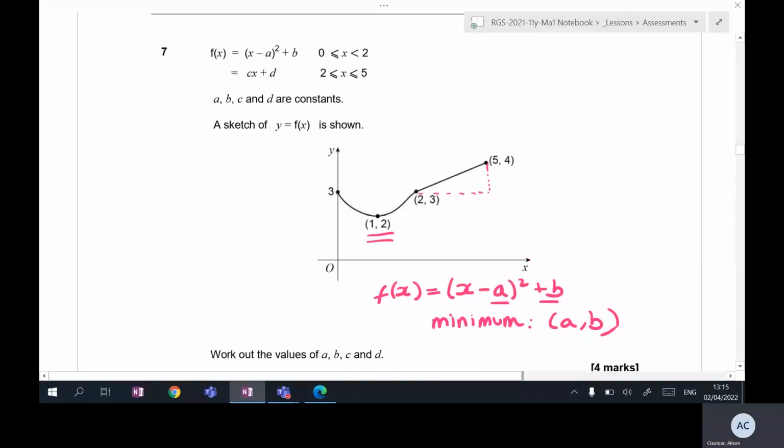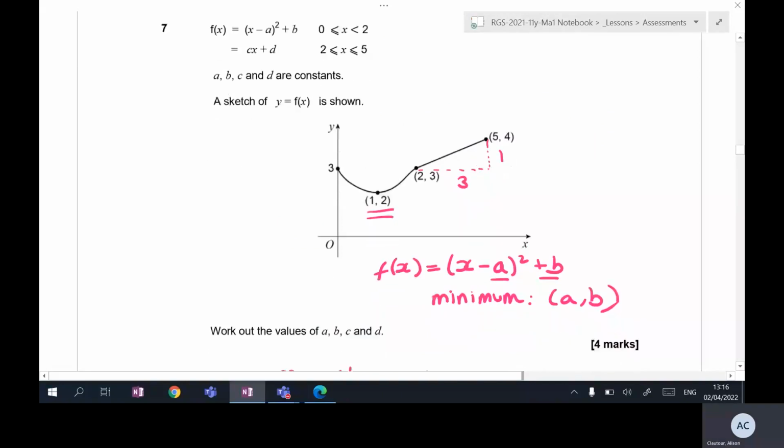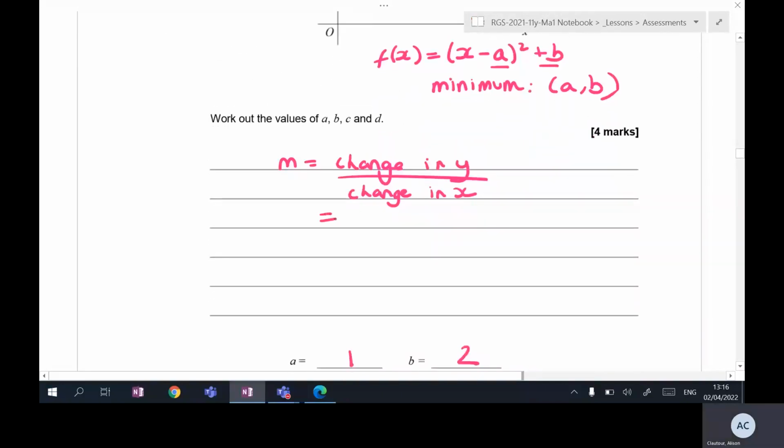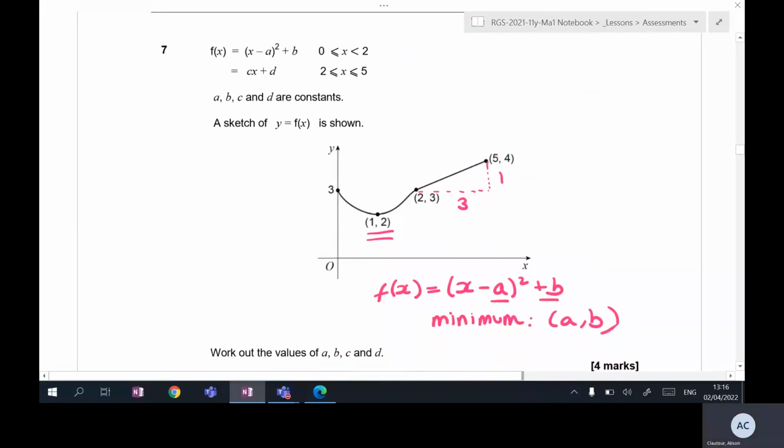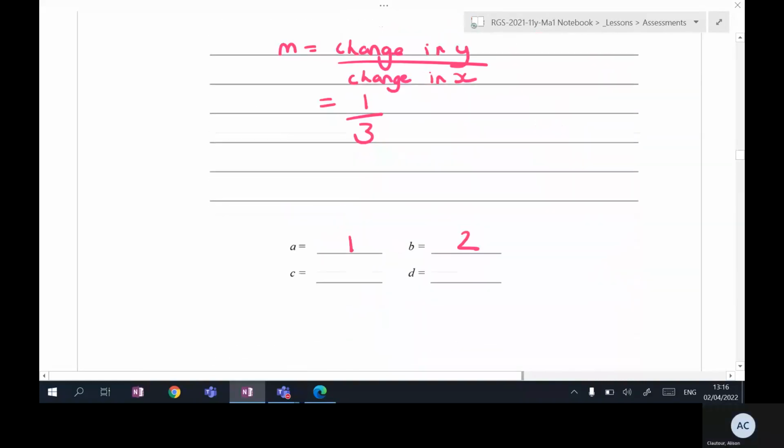Okay, so if we look at the change in our y coordinates, it's going from 3 to 4, so the change would be 1. And our x coordinates going from 2 to 5, so that would be 3, which gives me a gradient of a third. So if we look at this equation here, then obviously my gradient is c. So c is 1/3.